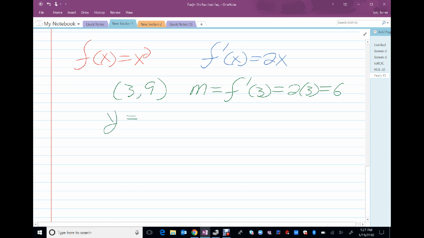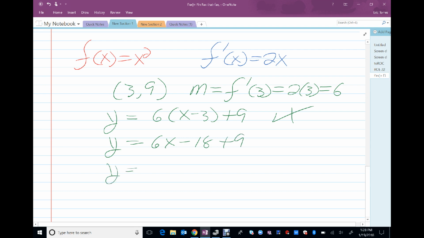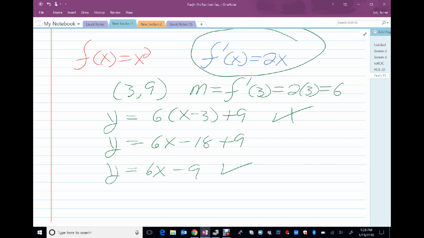I can put it directly in point-slope form. And that's the equation of my tangent line in point-slope form. If I want to simplify it, I can put it in slope-intercept. And again, for each and every point on the function, I can use my derivative function now to find the instantaneous rate of change at any location.